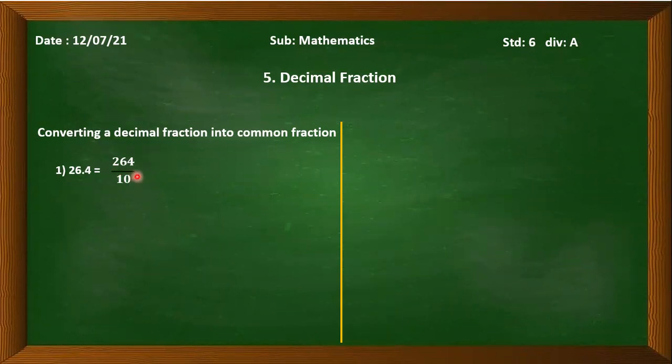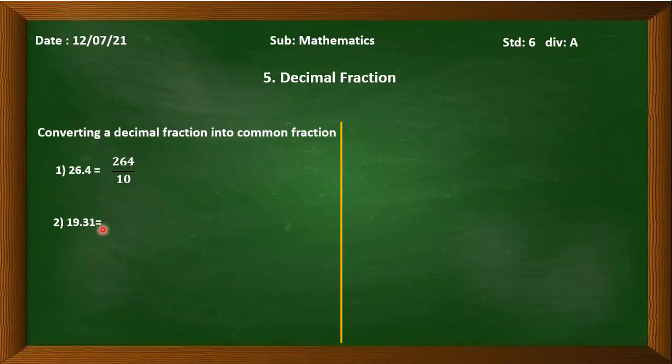We will put 10 or 100 or 1000 in the denominator depending upon the digits after the decimal. So let us take the next example, which is 19.31, right? Here also we will first write the whole number in the numerator without a decimal point. So the number is 1931 without the decimal point, and how many digits are there after the decimal? 2.